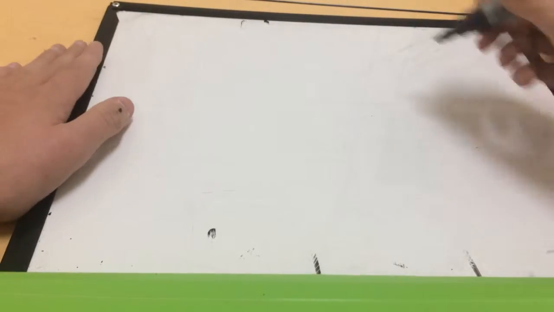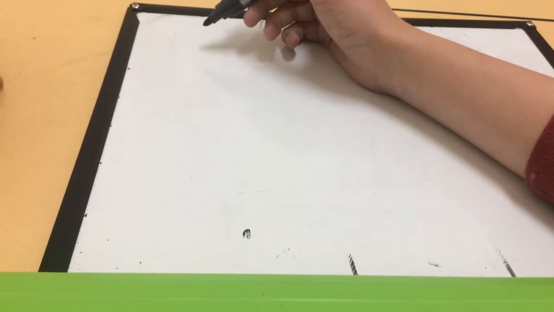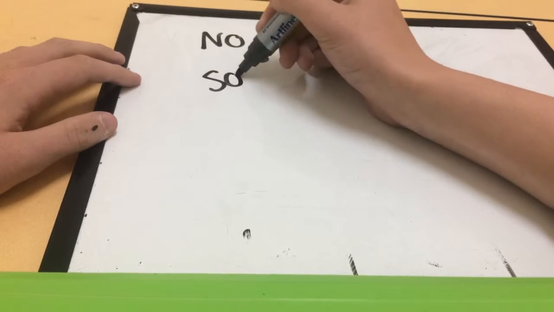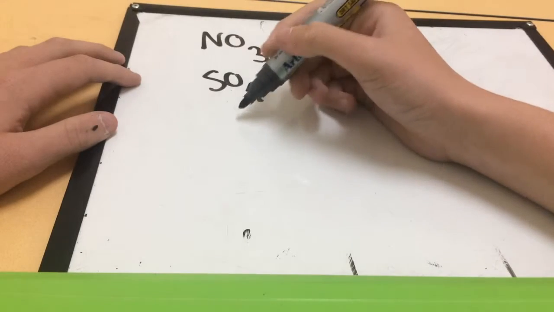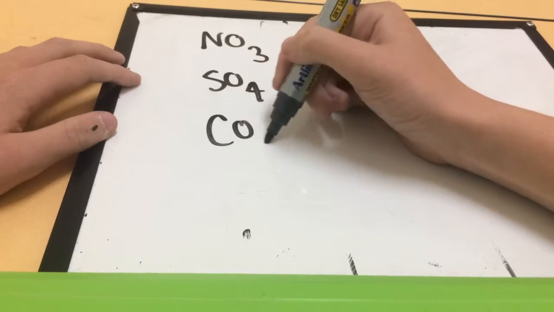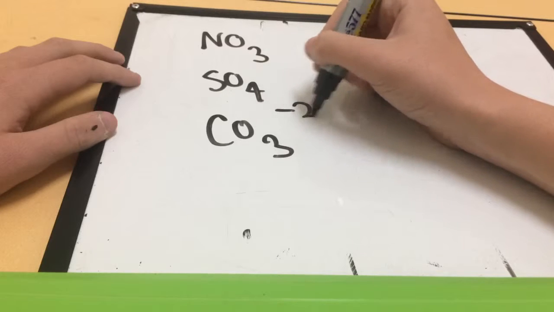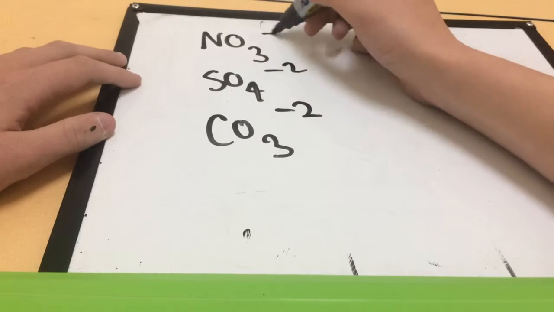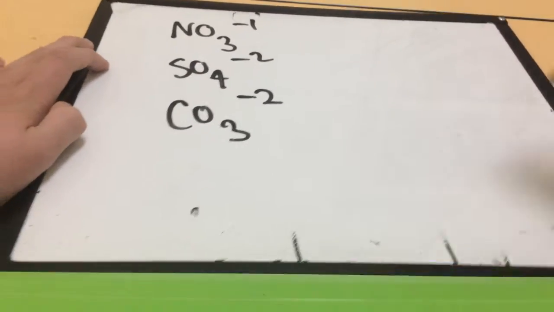Okay. All I want you guys to know from this lesson is the ions of the elements, but there's also ions like nitrate, sulfate, carbonate, and I'm also going to draw these ions.